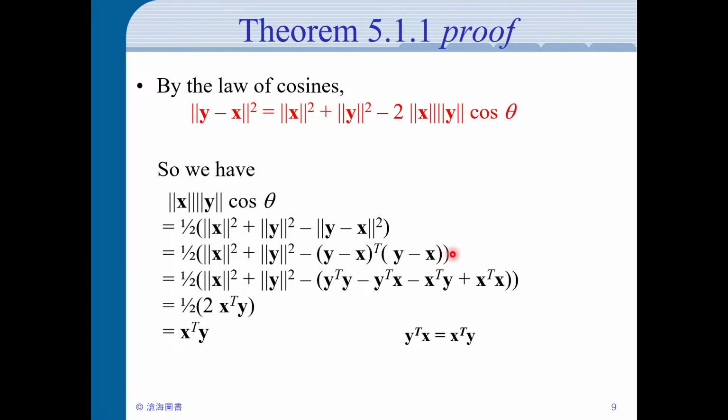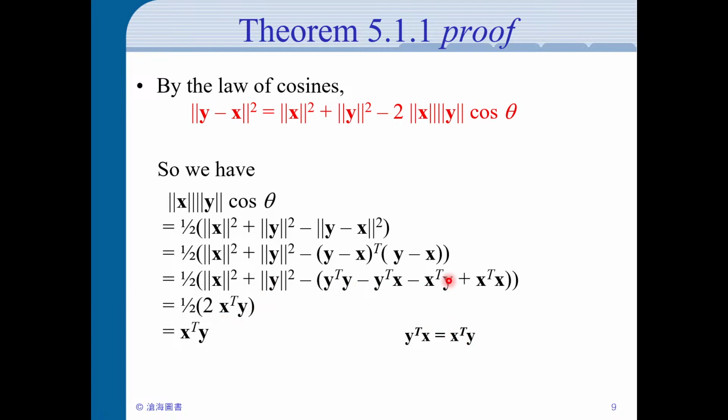So you have the distributive rule on matrix multiplication. And then you remember x squared equals x^T x and y squared equals y^T y. So those two terms get cancelled out, and finally you are left with y^T x and x^T y.